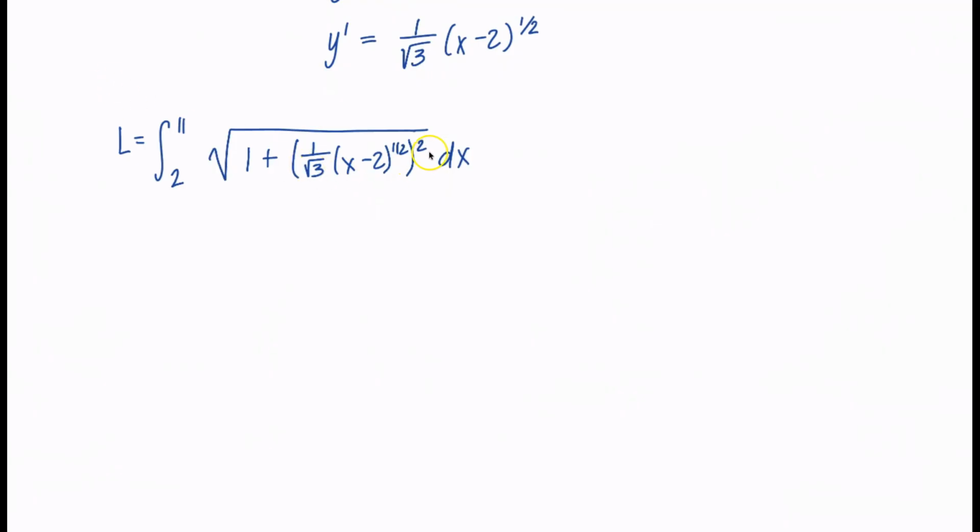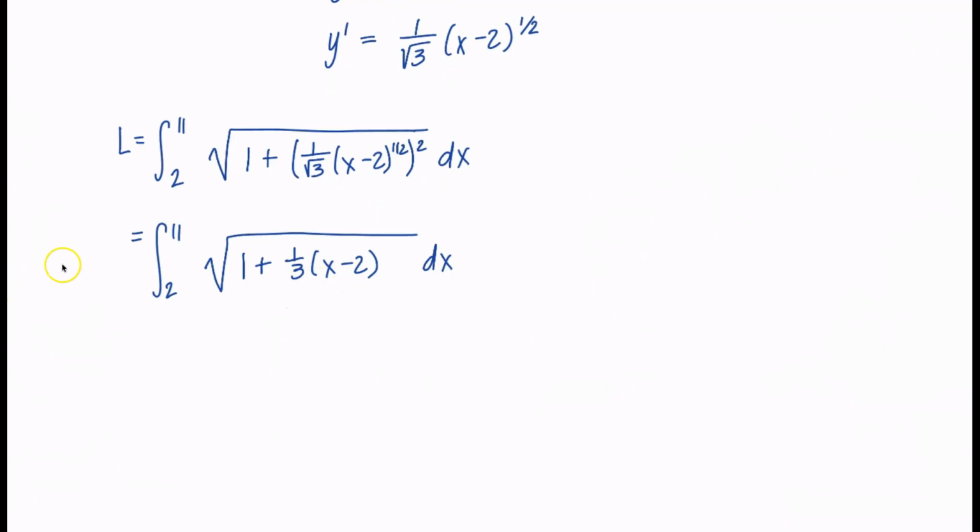Even though this does look ugly, it's not going to be too bad because I can distribute the exponent since this is multiplication. So I have the integral from 2 to 11 of the square root of 1 plus 1/3 times x minus 2, dx. That's it, right? Because 1 over √3 is just 1 over 3 when you square it, and then that 1/2 and that 2 multiply together.